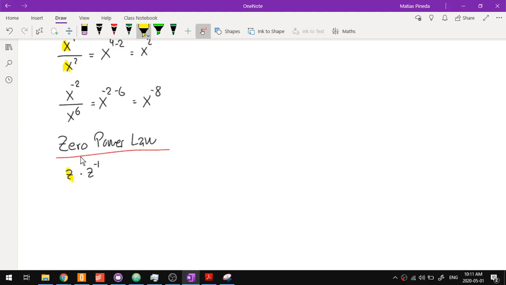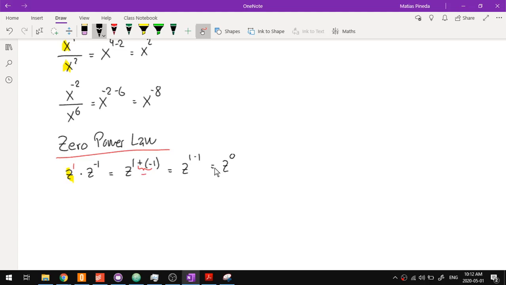If we don't have an exponent, it means the exponent is 1. So we're multiplying two powers with the same base. We're going to use the product law here. So z to the power of 1 plus negative 1. Well, plus and minus becomes minus. So this actually says 1 minus 1. You can rewrite it like this to be clear. z is to the power 1 minus 1, which equals z to the power of 0.